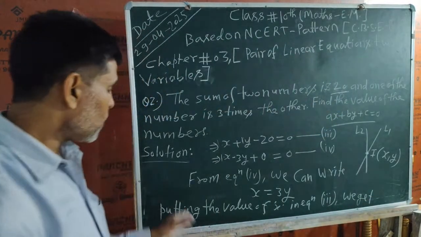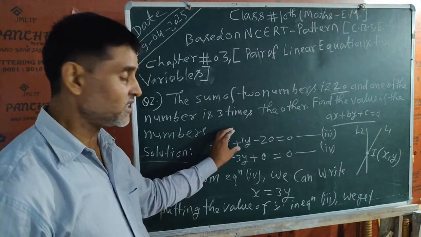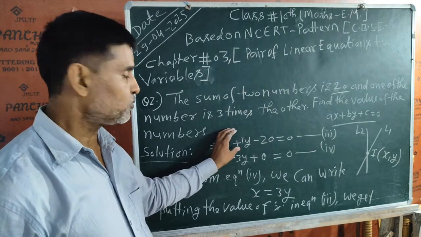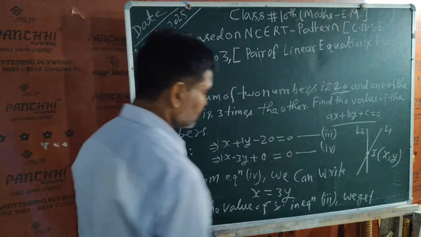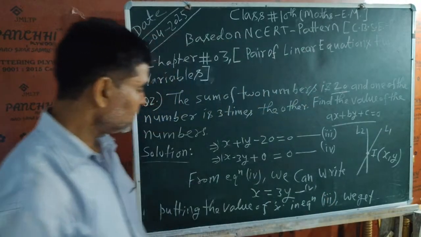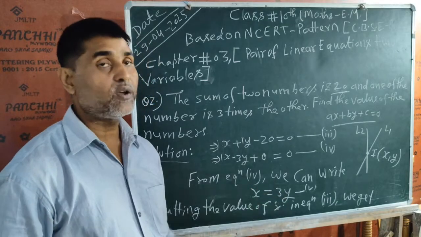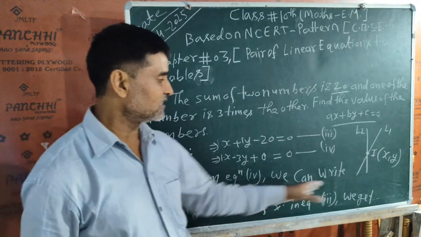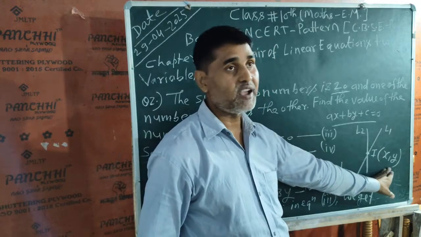So here I have already written this information, and I will put it in equation number 3, and then we will evaluate the value of x. After getting the value of x I will put it in this equation, equation number 3. So after putting it I will get the value of y. According to this way I will get the intersection coordinate point, that is, the value of x and the value of y also.